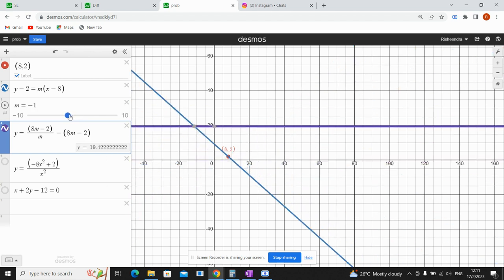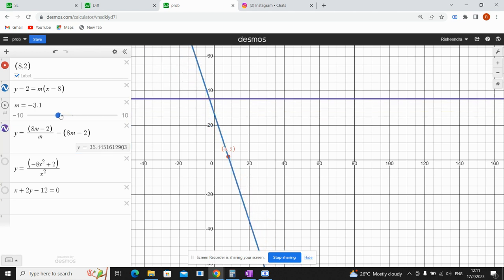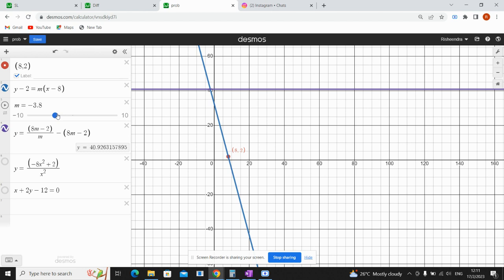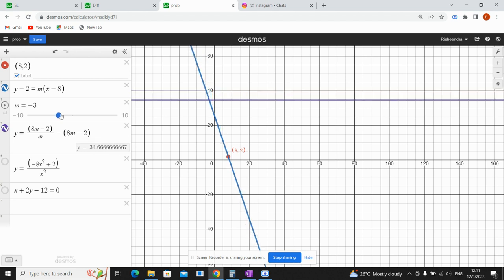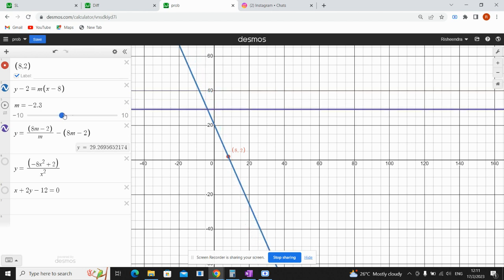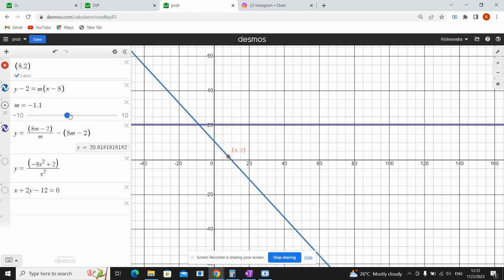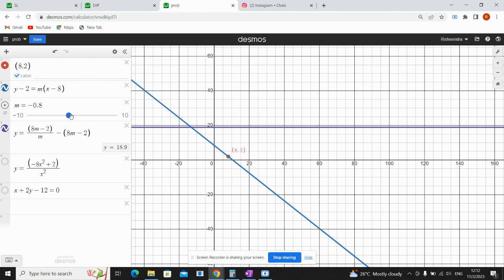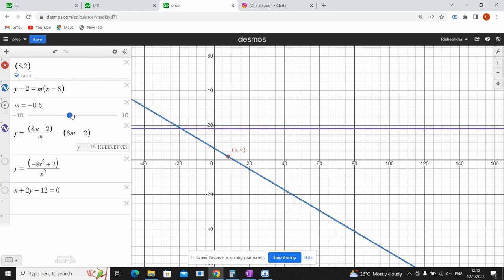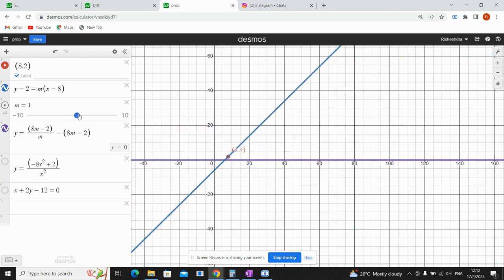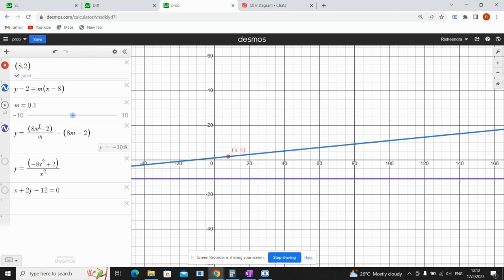The graph's y value is 43 when the slope is minus 3.5. It's coming lower: 29, 28, 27, then 20. It is 18 at about 0.45, and then it went up again as I changed the value of m.